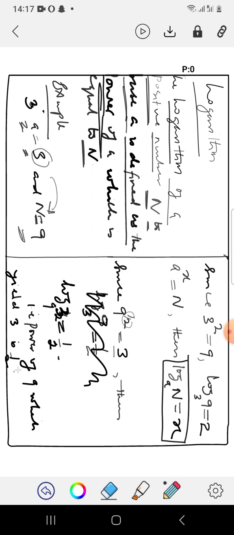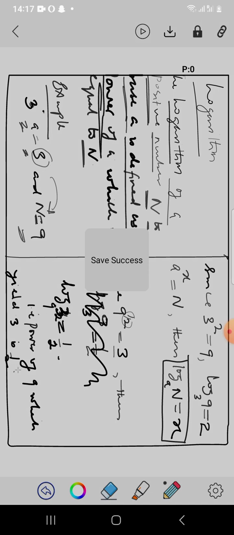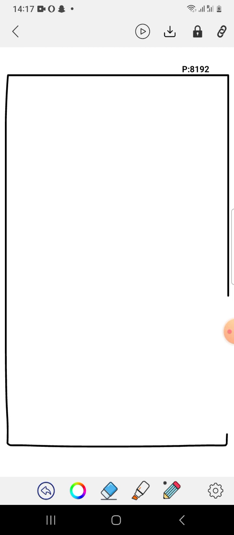Now let me save this page. Let's look at another example.